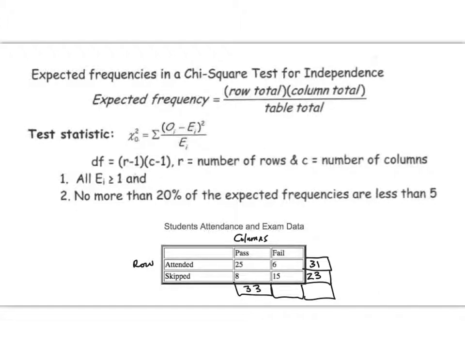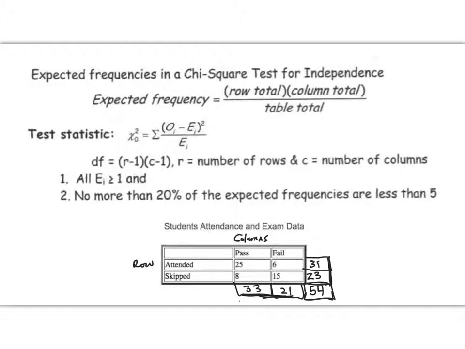Down my fail column, I have 6 and 15, so that's 21. For my table total, I could add down the column or across the row. Those numbers need to be the same. If I add across the row, I have 54. If I add down the column, I also have 54. So that means everything is good.